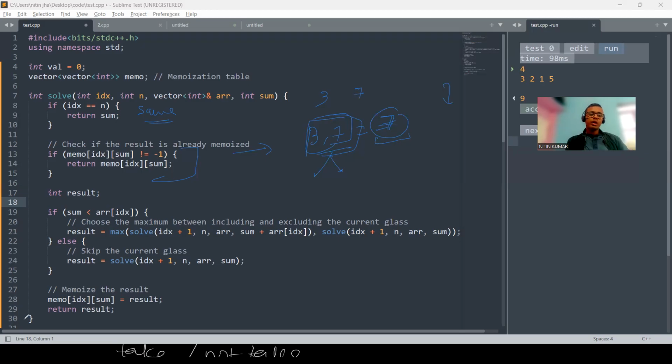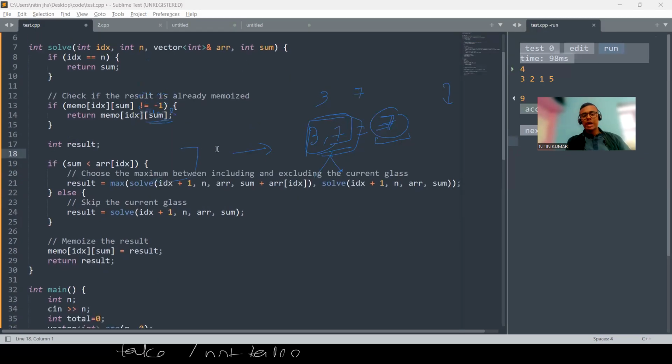Okay, so this is the DP part. Again, the same thing is being done here. Either we can take it, so this is the take portion, and this is the not take part, and I'm taking the maximum of them. And if that is not the case, that means the height of the tree is greater than or equal to the water that we are pouring, then we simply do not take it.